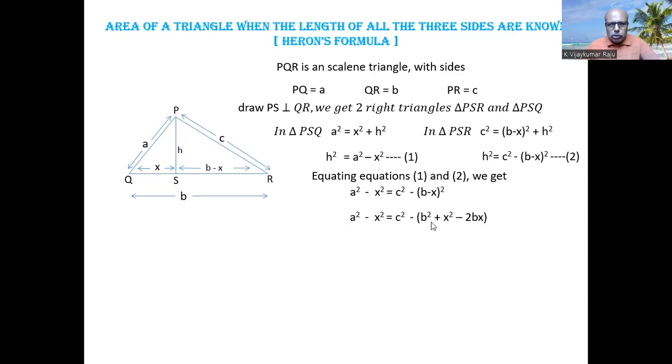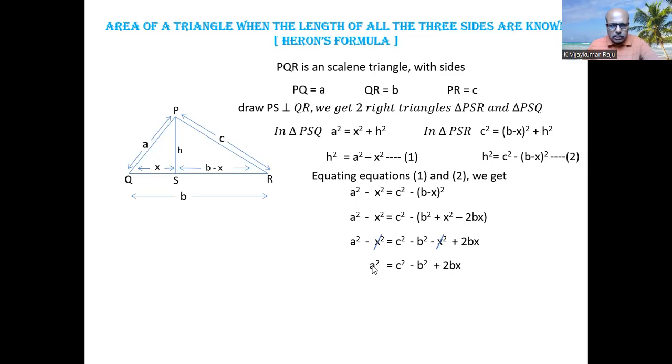Okay. Now let us open the bracket so that this will become negative, this is negative, this becomes positive. So if you open it, it will become A square minus X square is C square minus B square minus X square plus 2BX. Minus X square they cancel. You are left with only A square on this side, and here B square minus C square plus 2BX.